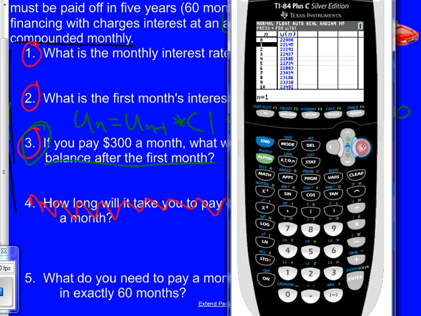So it looks like our first month, we'd be up to about 22,145, if we round that off. So how much would be the first month's interest if 22,000 is our principal, and now we owe this much money? $145. Yep, that is correct.